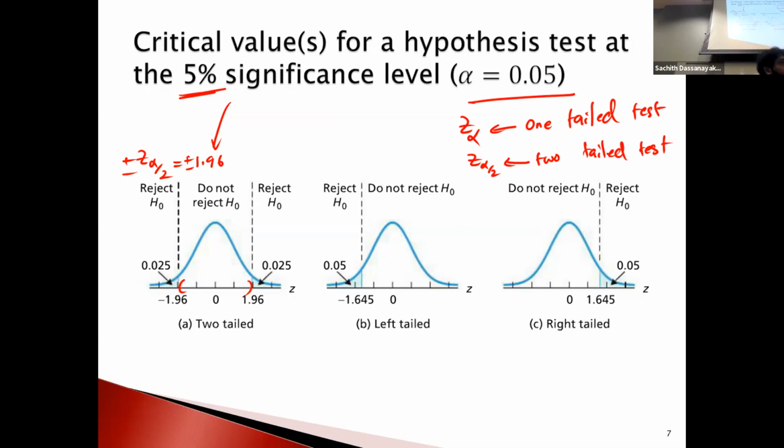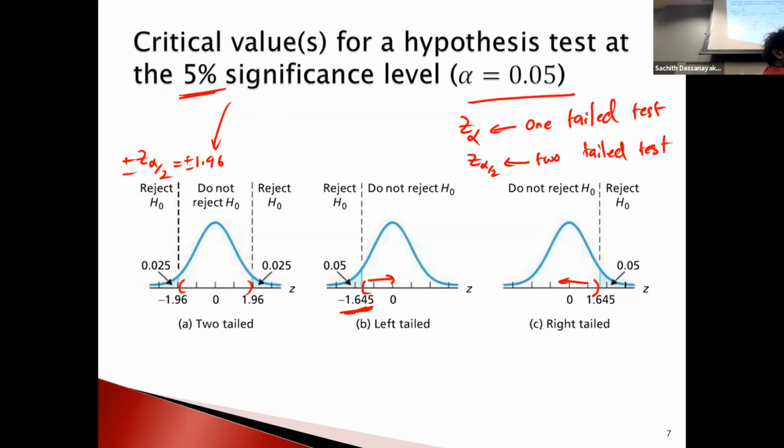Okay, clear? In this one-tail case, if your test statistic value is greater than this colored value, this C value, then you do not reject. Otherwise, reject. If it is a right tail test, and your test statistic value is less than 1.645, you do not reject.